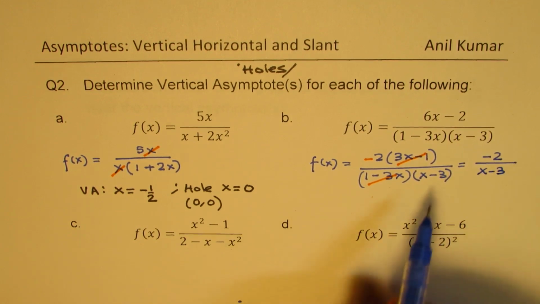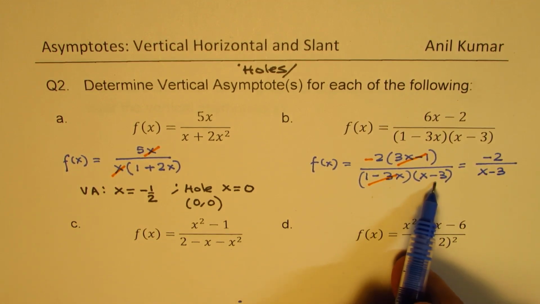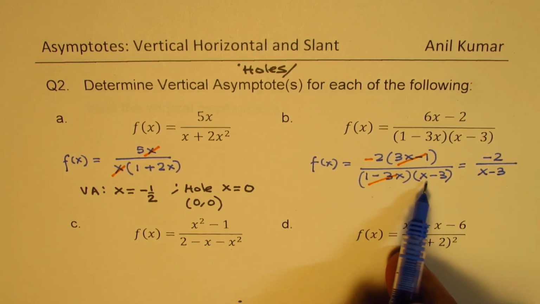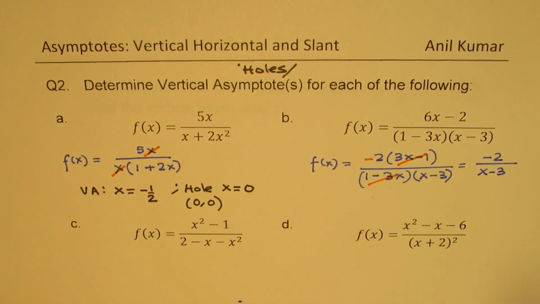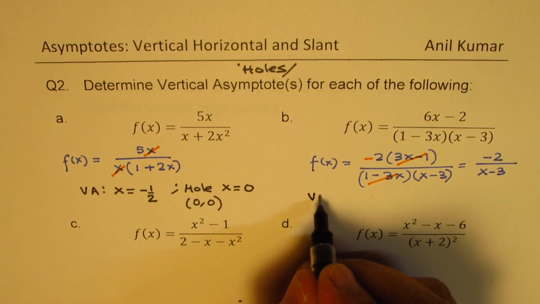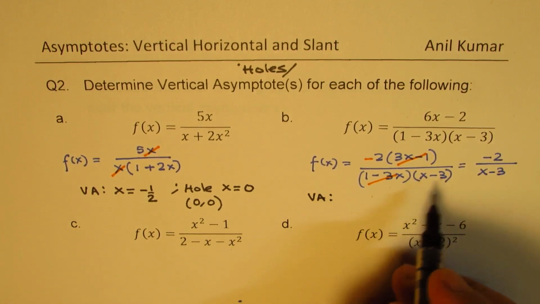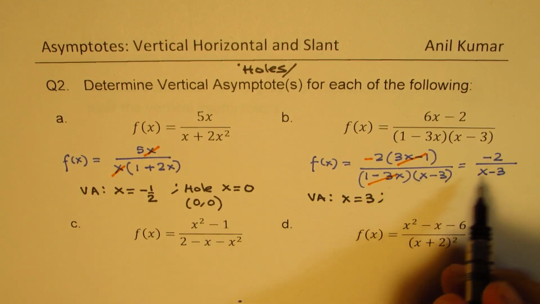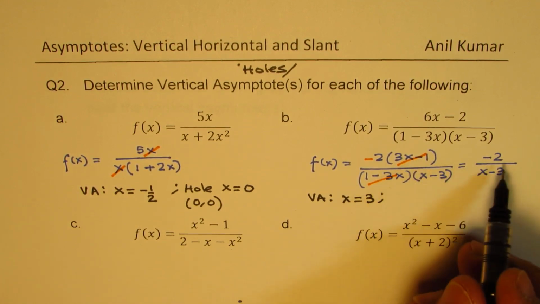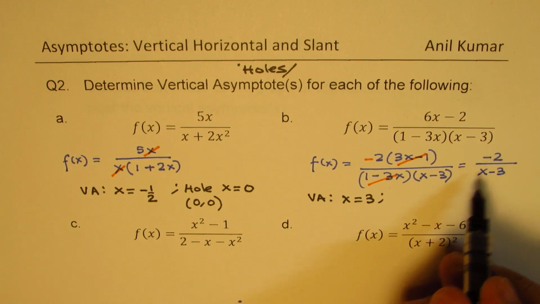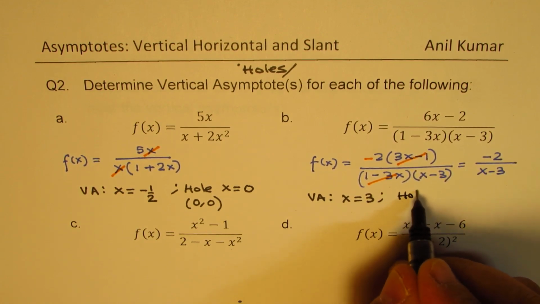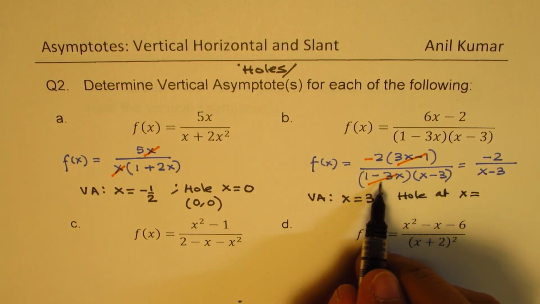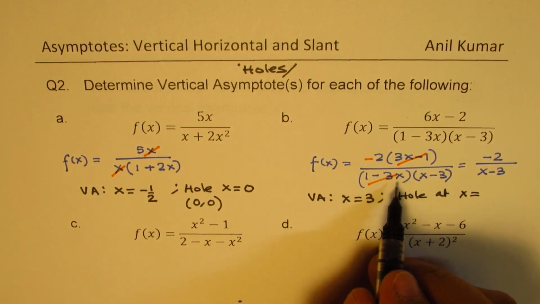There are two restrictions here. One of the restrictions results in a hole, the other one results in a vertical asymptote, correct? So here we have a vertical asymptote at x equals 3, right? However, at x equals 1 over 3, we have a hole, right? So we have a hole at x equal to when this factor becomes 0, which is at 1 over 3.